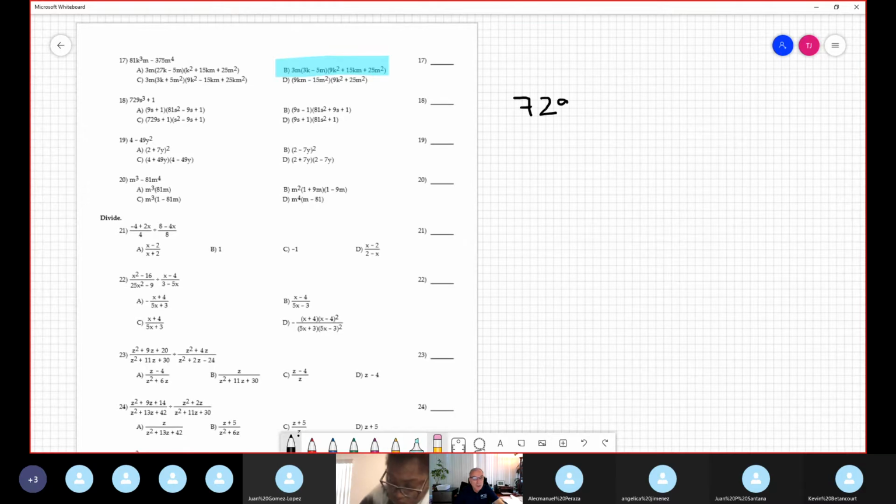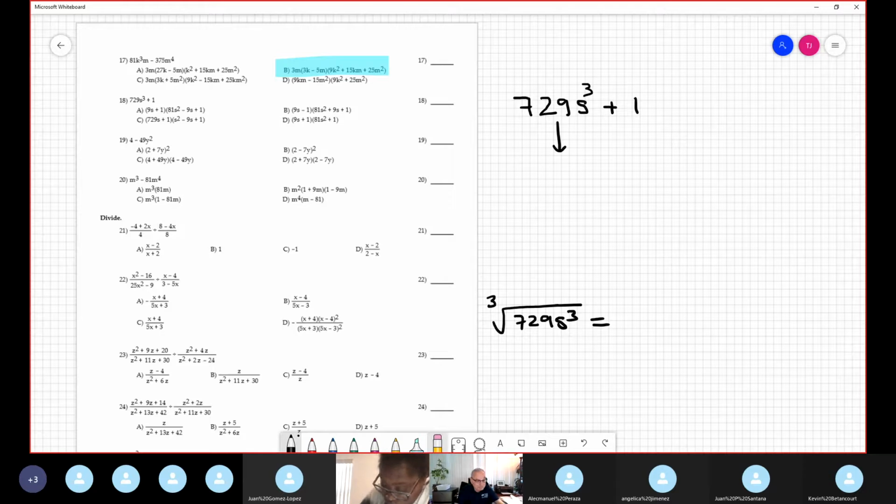Okay, 18 says 729x cubic plus 1. Well, it's a binomial, no? I suppose it's the sum of cubes, no? I try to find the cubic root of this, the cubic root of 729x cubic. I suppose, let me use my calculator.